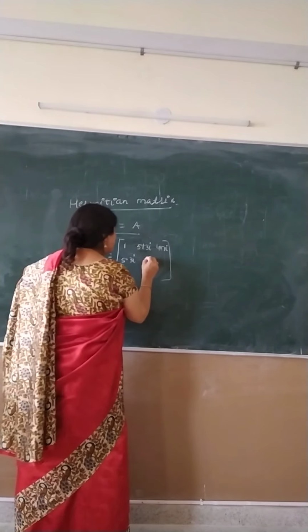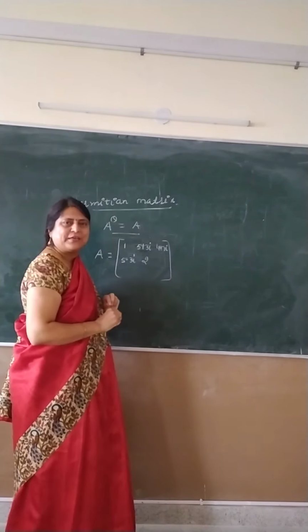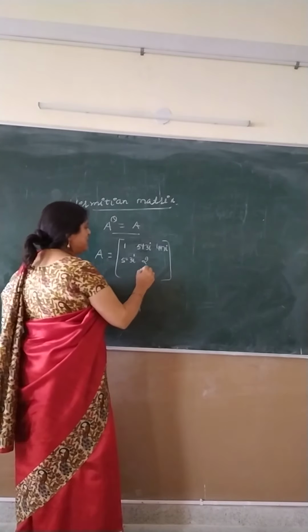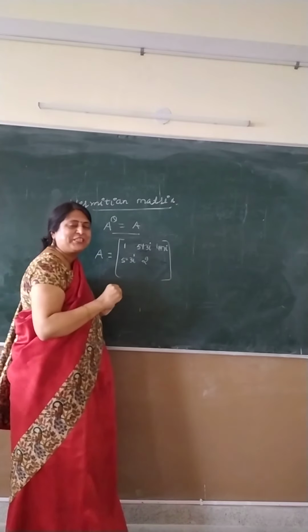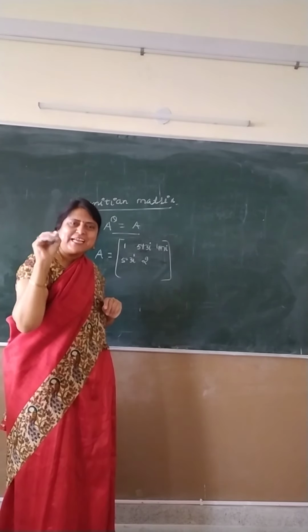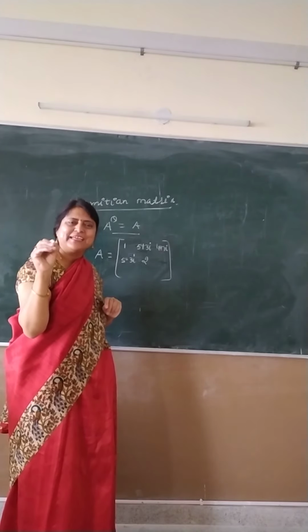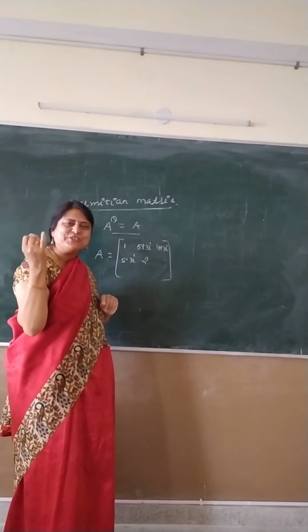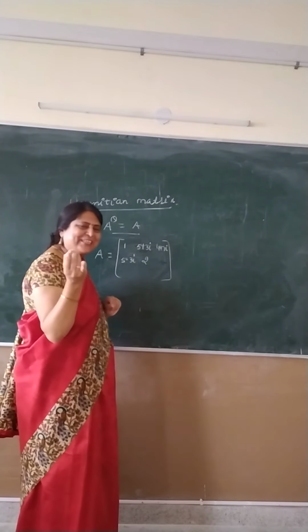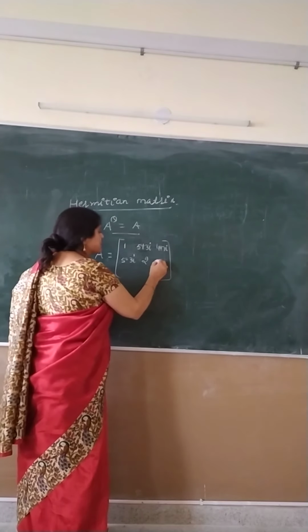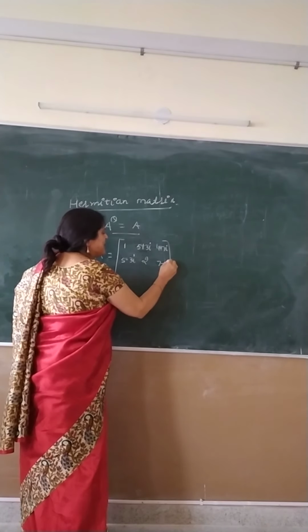Now this element is 2. Real diagonal entries, 2. This element A23 should be equal to conjugate of A32. So A23 you can write anything first, 7 minus 4 iota.